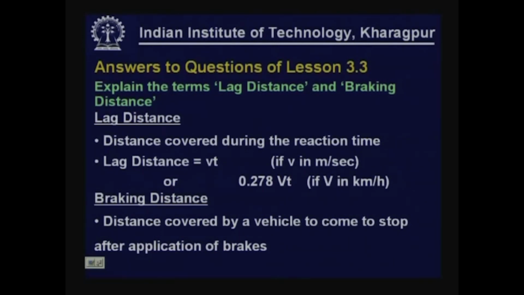So, when an object is visible, there is a perception reaction component before the brakes are applied effectively, and the distance travelled during that time is known as the lag distance, while the braking distance is the distance covered by vehicle after effective application of brakes. That means, when the brakes are applied effectively, how much distance the vehicle takes before it comes to a stop.